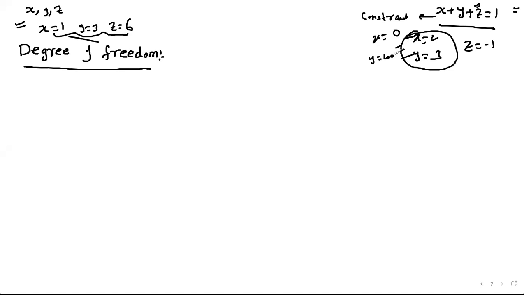So this is how we write degree of freedom in mathematics. In physics, degree of freedom means the number of ways in which your system can have motion or the system can absorb energy. So I'm writing its definition.